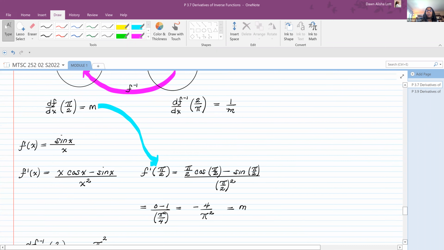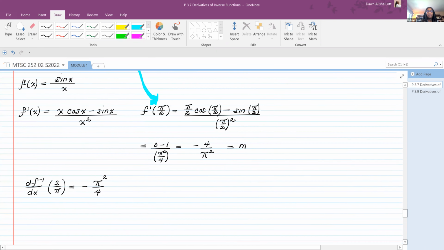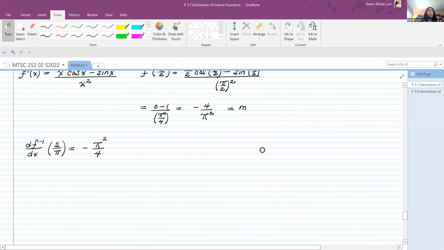So therefore, 1 over m, you have to flip it back, so you get pi squared over 4. Okay, any questions about that?